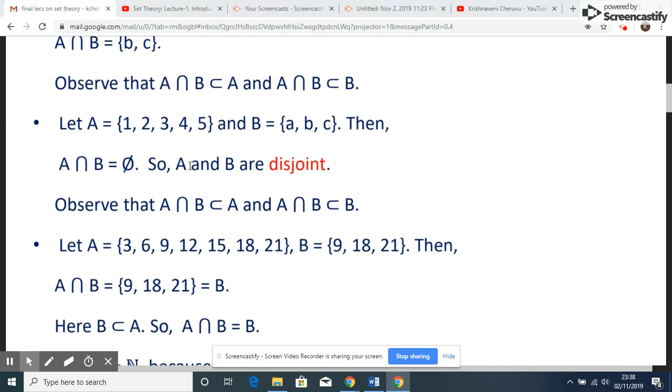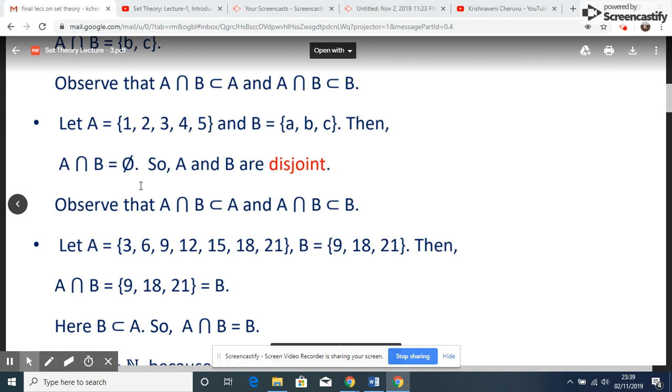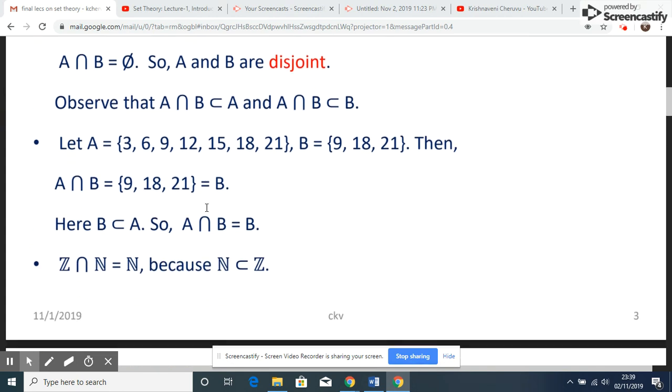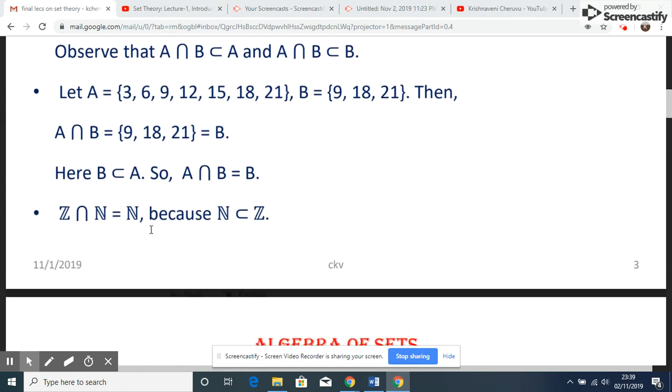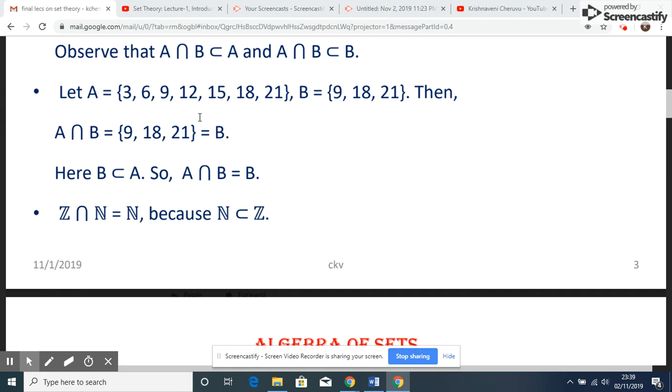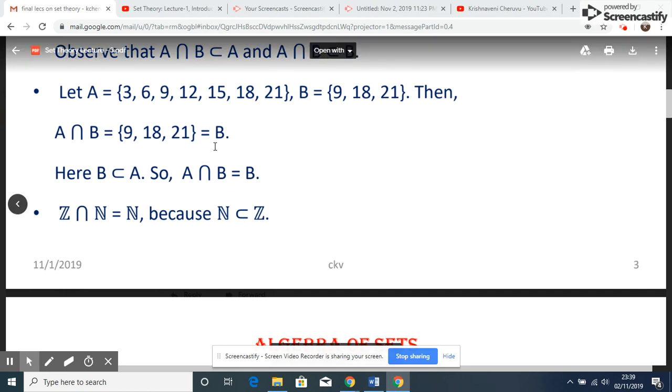In the second example, there is no element common to both A and B. Therefore, their intersection is empty. Therefore, A and B in this case are disjoint sets. Now, in the third example, every element of B is an element of A. So here B is a subset of A. And if you see their intersection, it is B again.